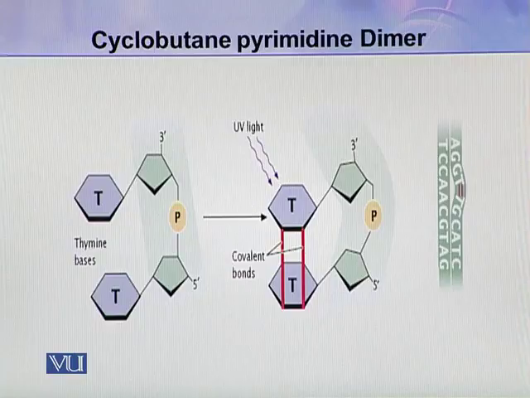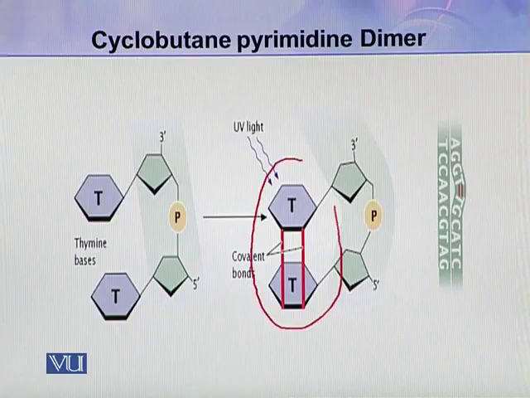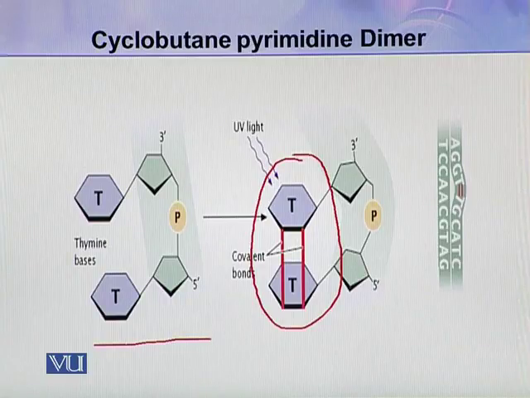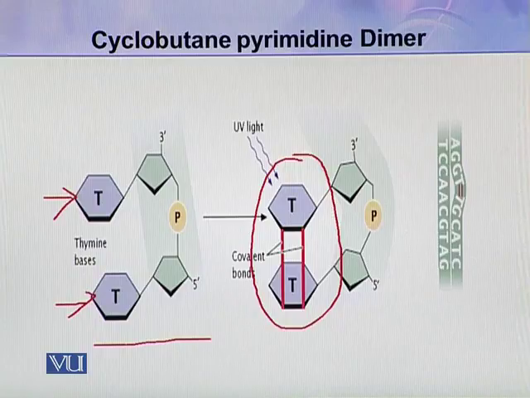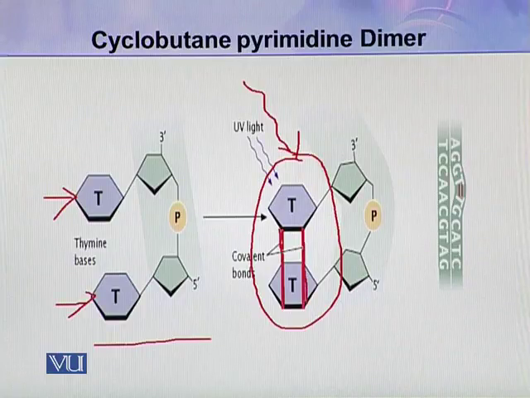Here you can see in another figure how this affects the conformation of the DNA. Between these two thymines this dimer is formed. This is a normal DNA strand, and in this normal strand, if two thymines are present adjacent to each other, and UV light falls on these thymines, they form a dimer.